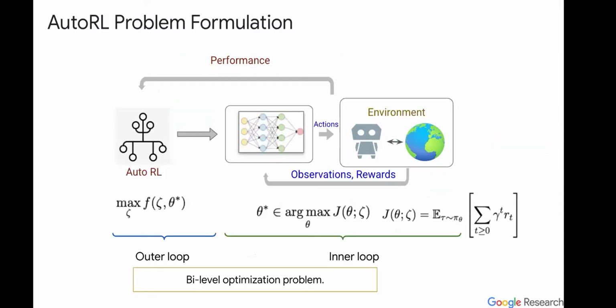Slightly more cleanly, the AutoRL problem formulation, as we understand it, is a two-loop, or bi-level, optimization problem. All the stuff that we're trying to tune is encoded in the zeta. The inner loop tries to find the policy, or the parameterization theta, that maximizes the return with a fixed zeta. Then we fix theta and try to find the zeta that maximizes the performance of the reinforcement learning agent of the inner loop. That's the rough idea.